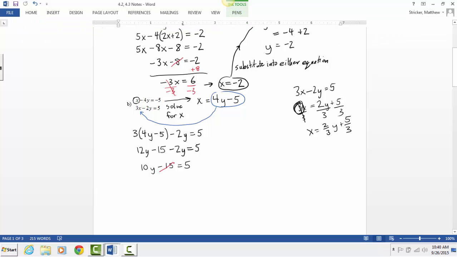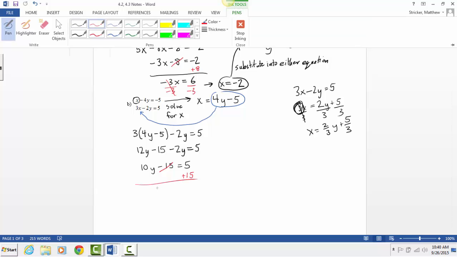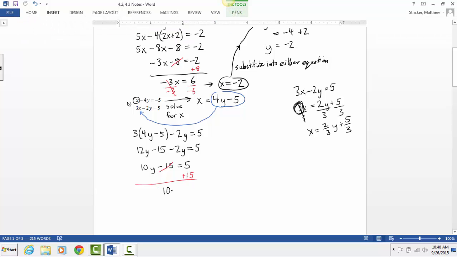Move the negative 15 to the other side, it becomes a positive 15. And when I add that, I get 10y is equal to 5 plus 15, which is 20. Divide by 10, we get y equals 2.